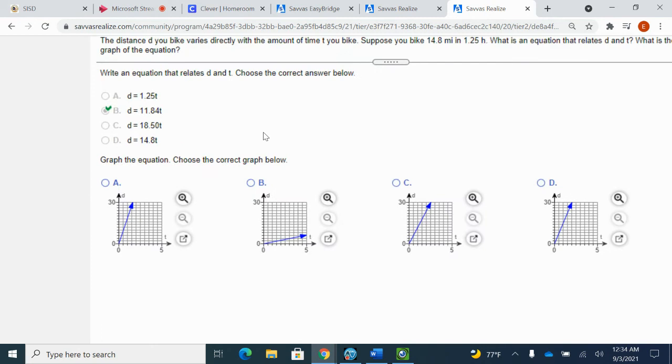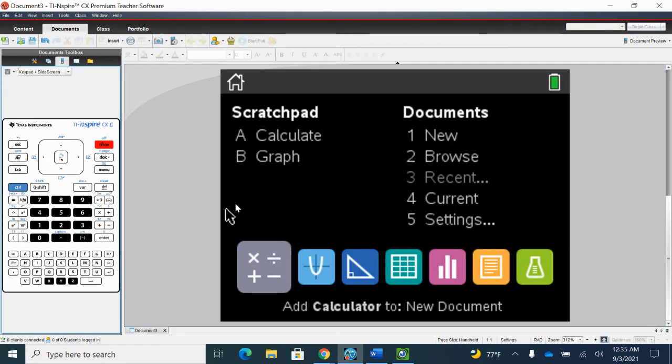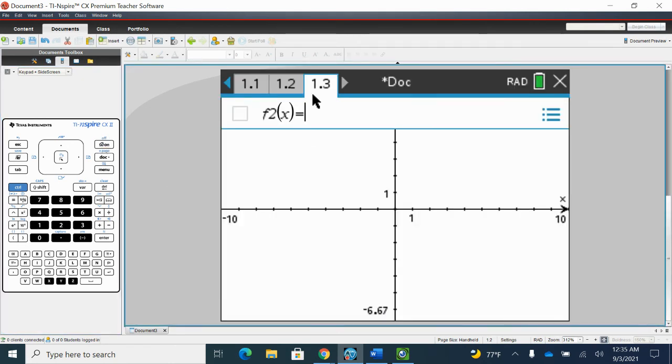Now again, you have a handy dandy calculator. You can graph it. What you have to be careful with is just be careful with the graph. Notice how these graphs go from 0 to 5 and they go 0 to 30. Right? So if you're going to use your calculator, keep in mind this is not going to be the same as your calculator. So 11.84, and again, just to show you, I will put this here for you. I'm going to go to graph.